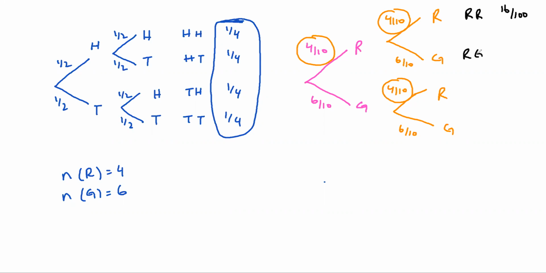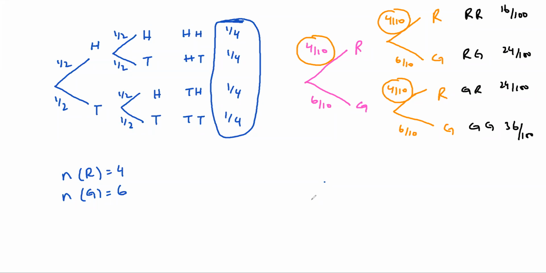This is red green, that is 24/100. This is green red, that is 24/100, and this is green green, that is 36/100. Okay, I'm giving you a very simple example. My purpose is to make you recall what you have done in your levels.